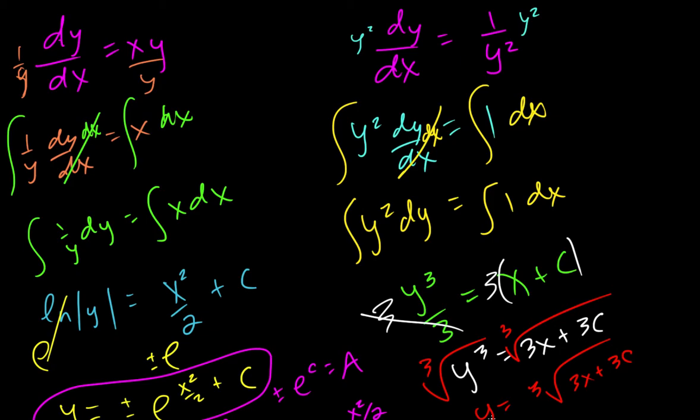Now, if we multiply c by 3, it's just another constant, so we can just call it another constant. So that's why your book left it like that. But technically this c would be different than this c, but it's still just a constant. But anyway.